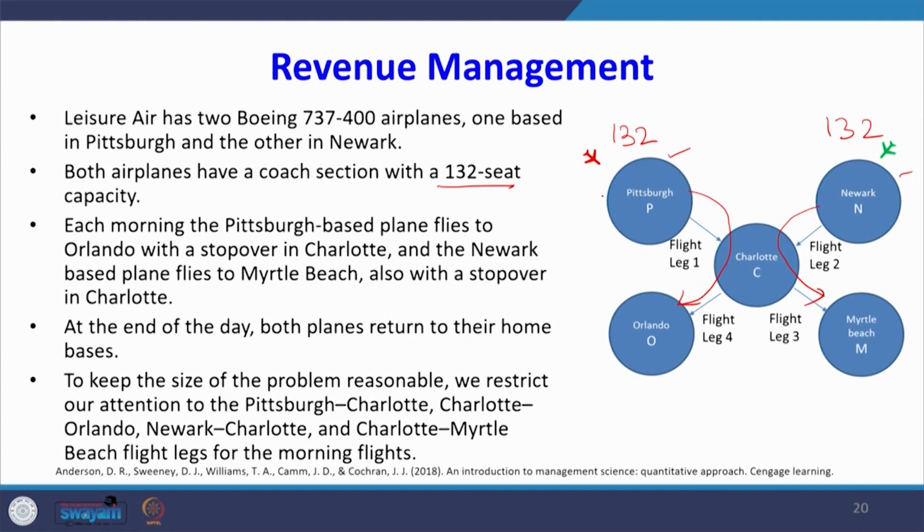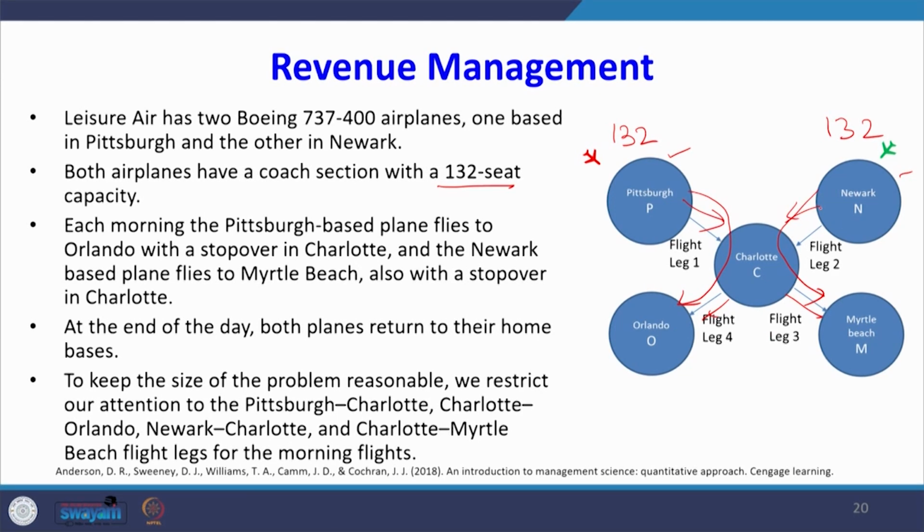To keep the size of the problem reasonable, we restrict our attention to the Pittsburgh-Charlotte leg, the Charlotte-Orlando leg, the Charlotte-Myrtle Beach leg, and the Newark-Charlotte leg.